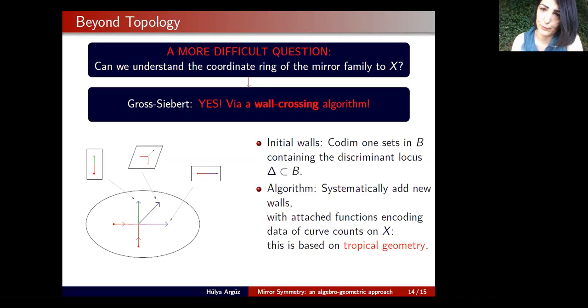So if you want to do things combinatorially, and if you want to understand enumerative invariants combinatorially that are included in this wall crossing algorithm, the main tool we use is looking for tropical curves appearing inside these wall crossing algorithms.